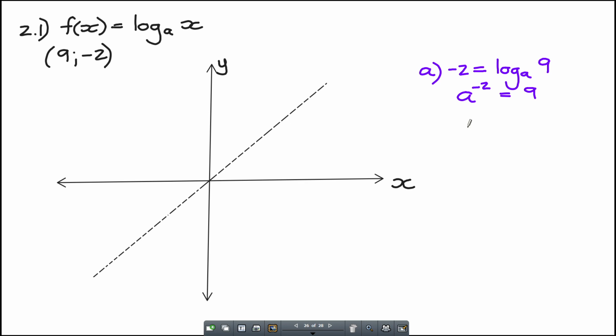And from that, I can see that a will be 1/3. You guys good? Okay, so now automatically I know that it would be fx is equal to log 1/3 x. Woo, so bloody lekker derde dan. You guys good? Okay, then at B.